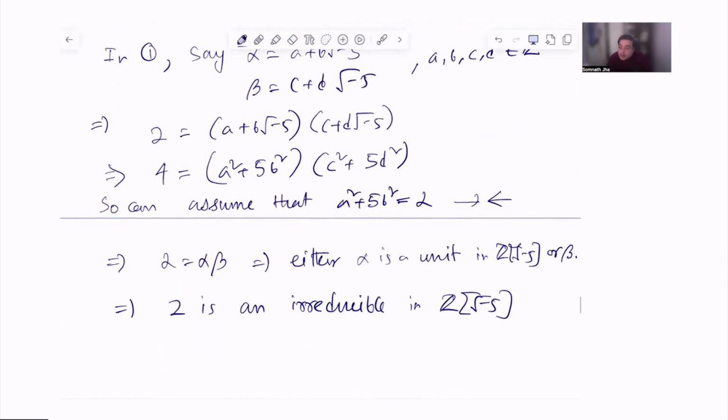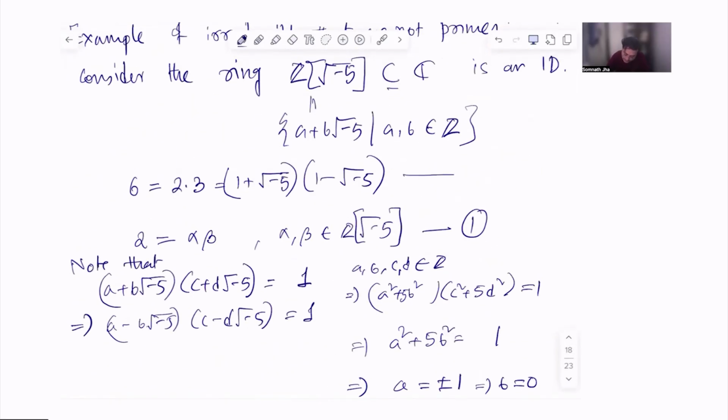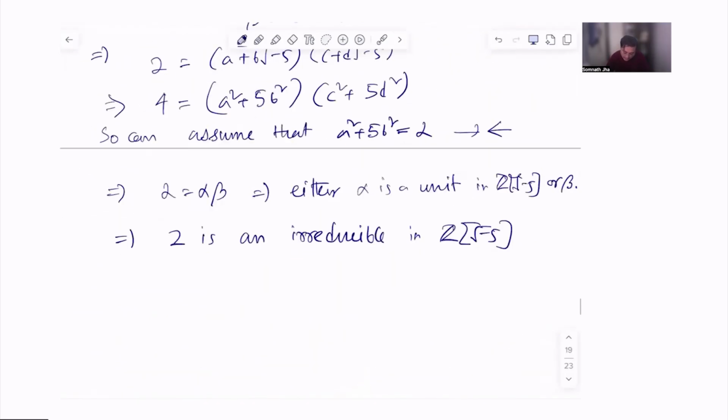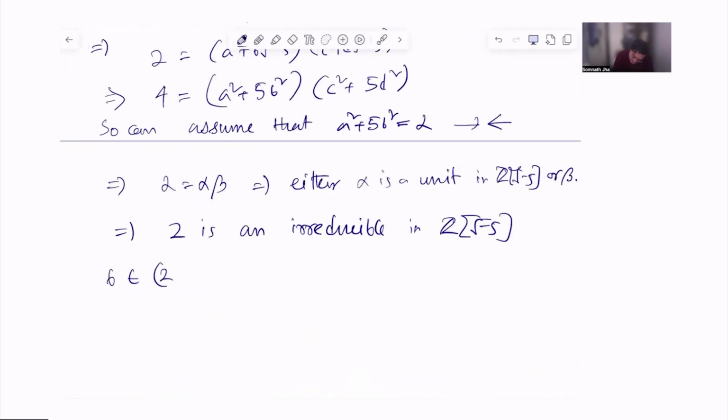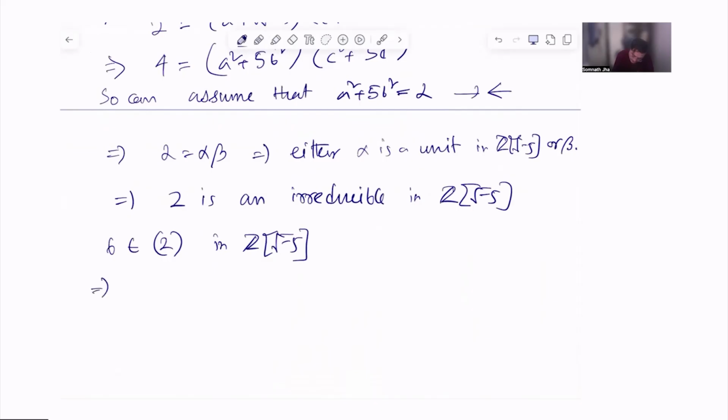Right? Now let us prove that this is not a prime. So you again look at this equation, call this star or something. You have a product of two elements, 6. 6 belongs to the ideal generated by 2 because 6 equals 2 into 3. So 6 belongs to the ideal generated by 2 in Z root minus 5. So this implies that 1 plus root minus 5 into 1 minus root minus 5, the product is 6, so it belongs to the ideal generated by 2.